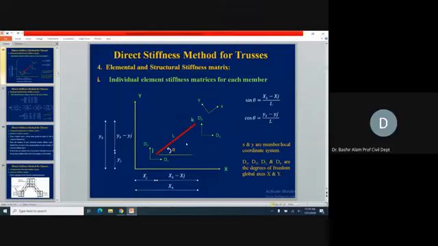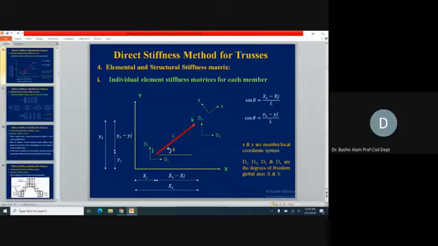If you remember, it used to be element number 7 in the truss. We designated this as joint J and this as joint K. The global displacements at joint J were D1 and D2, and the global displacements at joint K were D3 and D4.